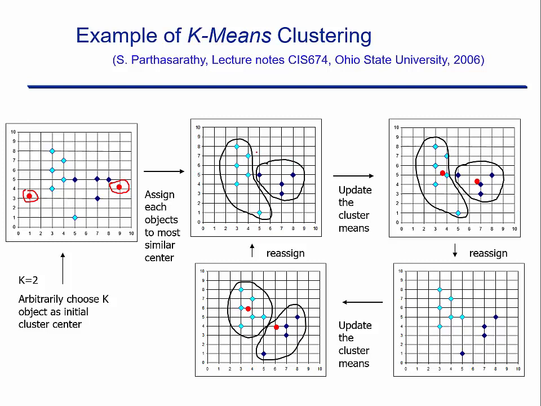After we determine the clustering at this step, we will update the cluster centroids. So we will recompute the cluster centroids, represented by these 2 red points. Then for each of the data points, we will reassign the data points to the new updated centroids of the clusters. Then again, we have a new clustering here.